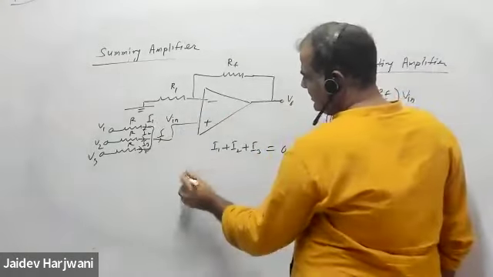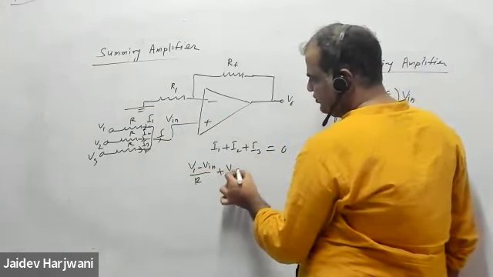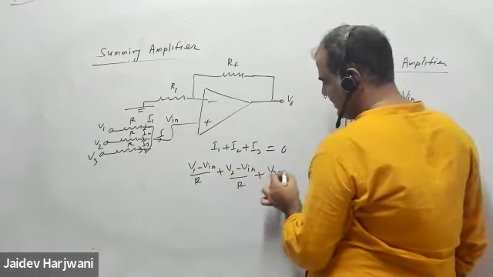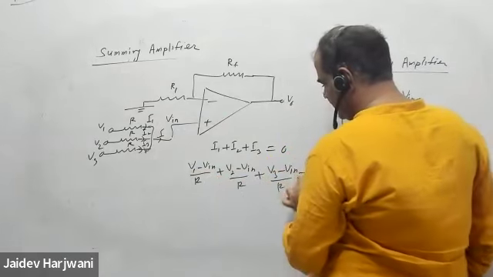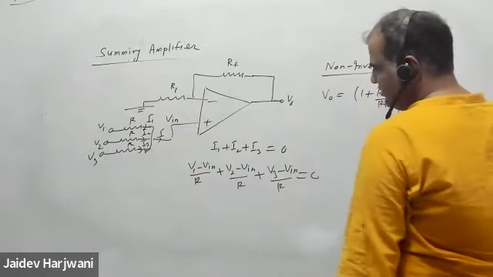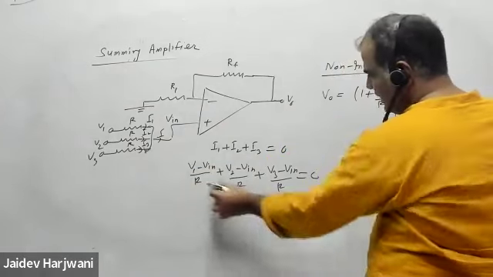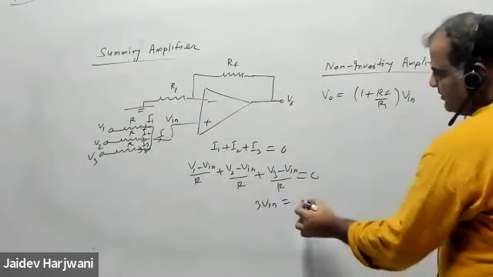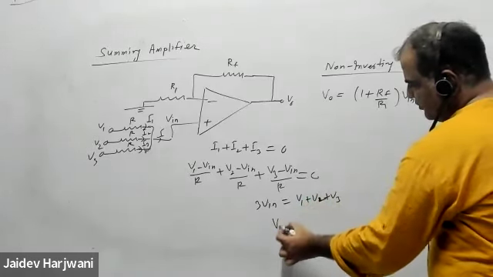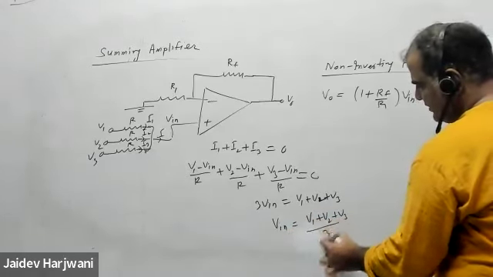So V1 minus V input upon R, V2 minus V input upon R, and V3 minus V input upon R equals 0. So what is the value of V input? 3 V input will be equal to, if you take R common, V1 plus V2 plus V3. And V input will be V1 plus V2 plus V3 by 3.